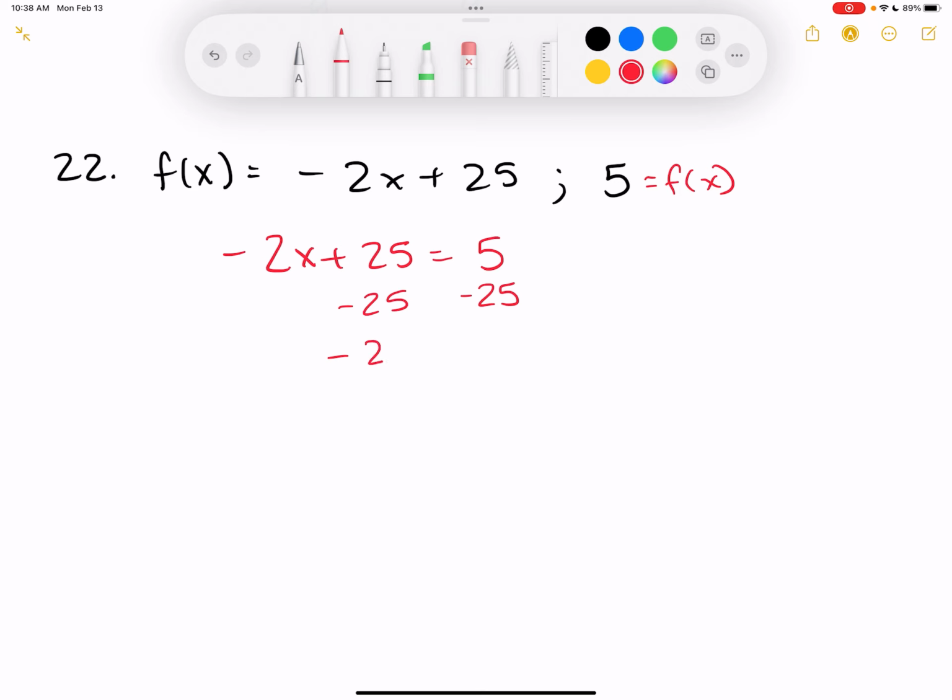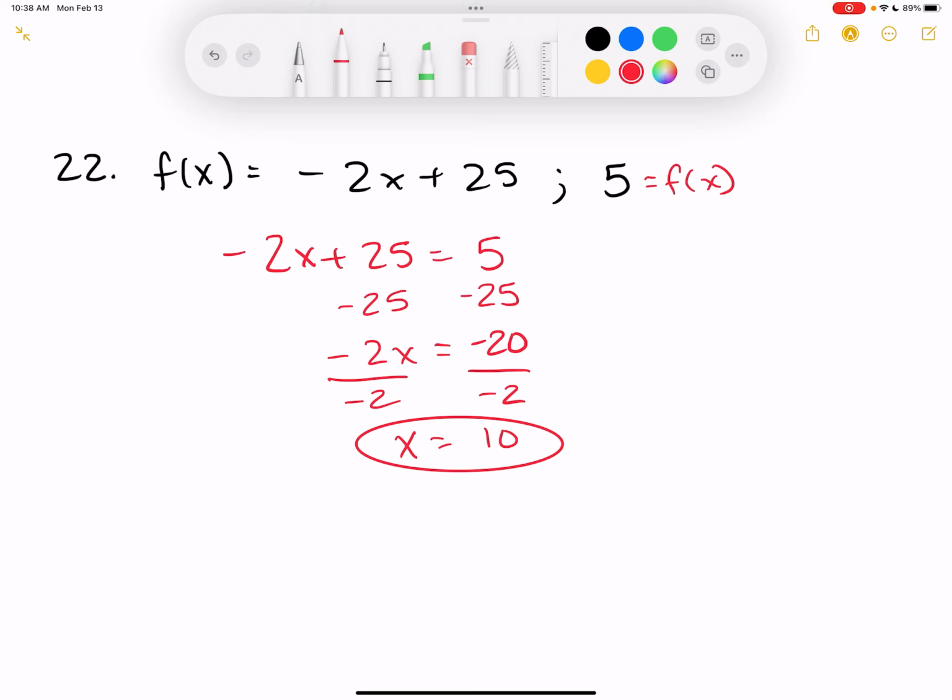So negative 2x is equal to 5 minus 25 would be negative 20. Divided by negative 2. X is equal to negative 20 divided by negative 2 would be positive 10. Any questions about that one? Are we okay with it?